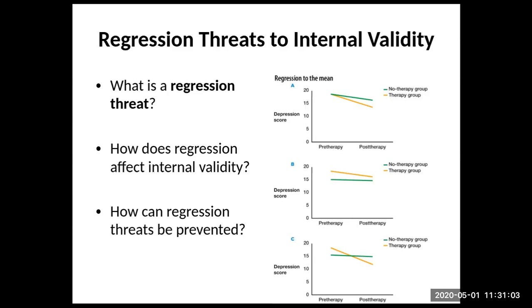Again, it's a confound, because we don't know if therapy actually helped, or if they were so depressed before that they just naturally went down to their average, right? How can regression threats be prevented? As we've been talking about, as is the theme of this chapter, simply adding a comparison or control group.